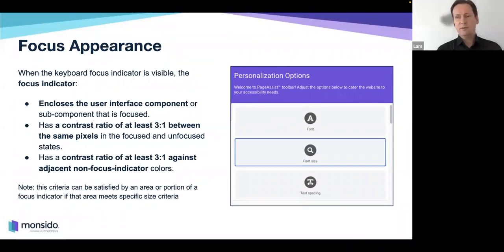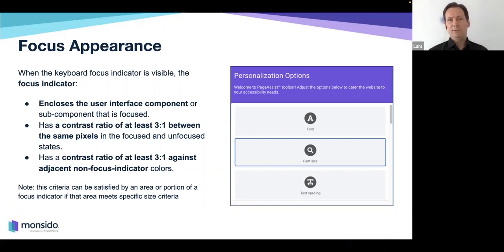So what this new success criterion adds is some rules for how visible it actually has to be. The first thing is you have to make the focus indicator surround the entire element.